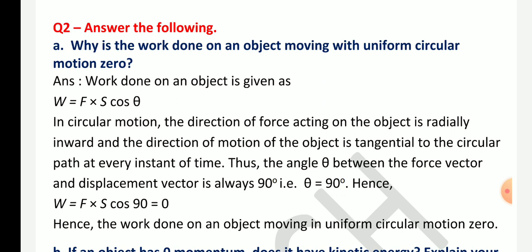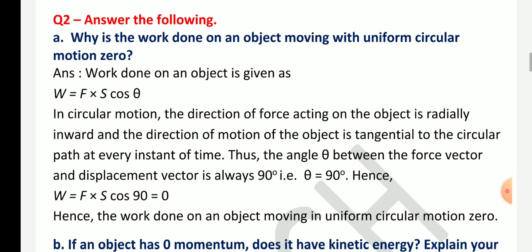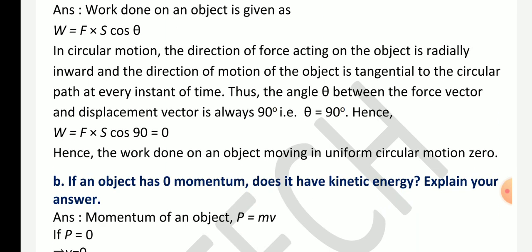In a circular motion, the direction of force acting on the object is radially inwards, and the direction of motion of the object is tangential to the circular path at every instant of time.